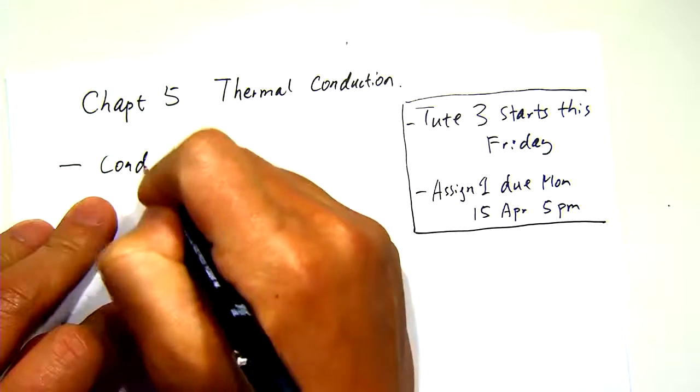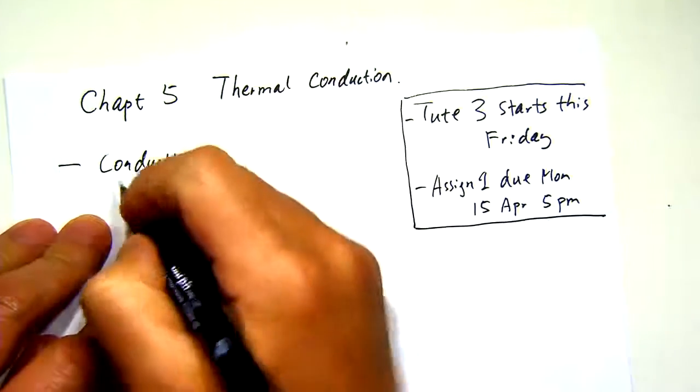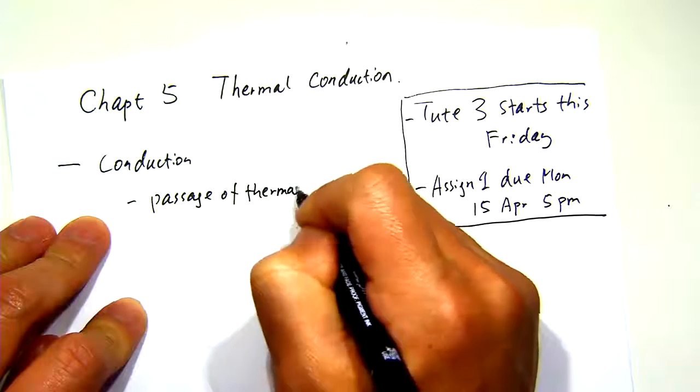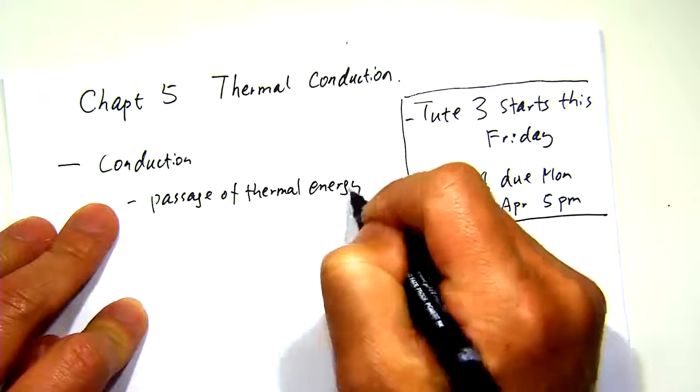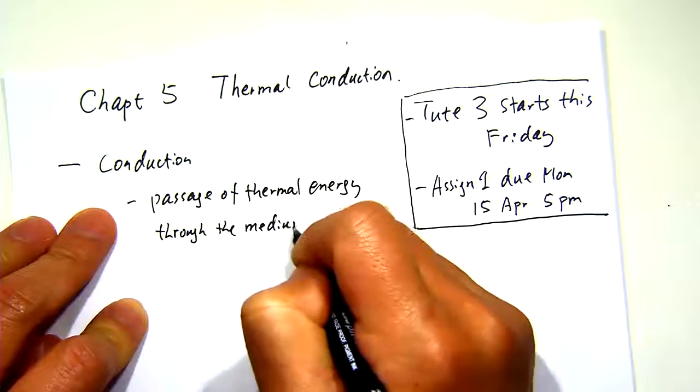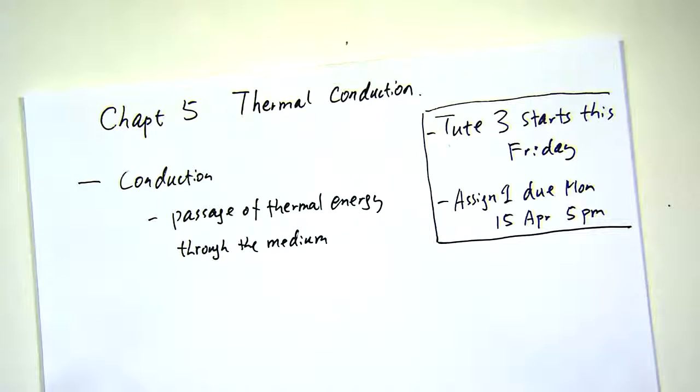So in terms of the physical understanding, we can write: conduction is the passage of thermal energy through a medium, and this passage happens microscopically, due to the particles, atoms or electrons in the medium. If we focus on the microscopic level, the energy is transferred from atom to atom, the kinetic energy being transferred from one place to another.